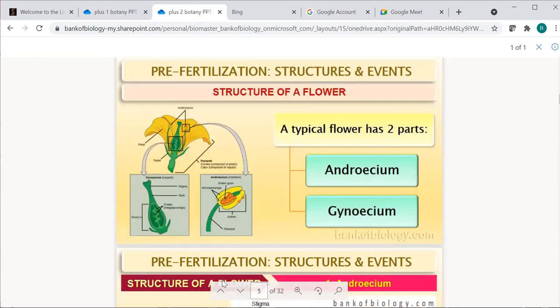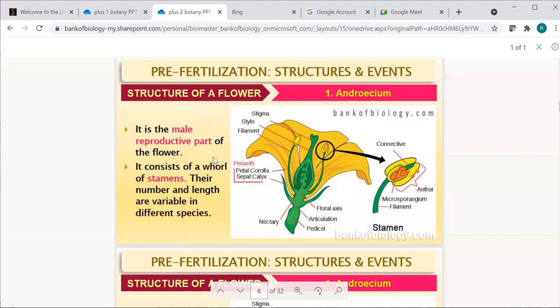So this is the flower. A flower has two parts, that is androecium, the male reproductive part, and gynoecium, the female reproductive part. The male reproductive part of the flower is called androecium.